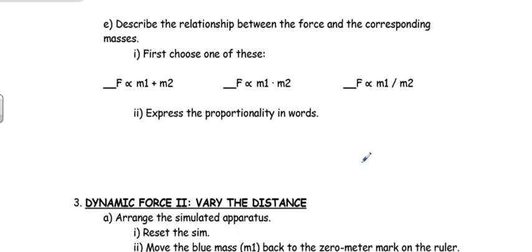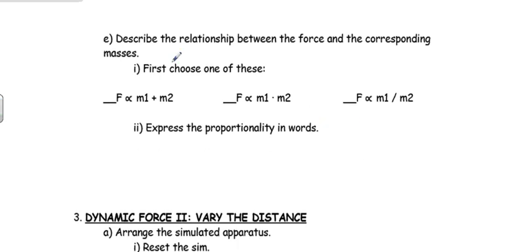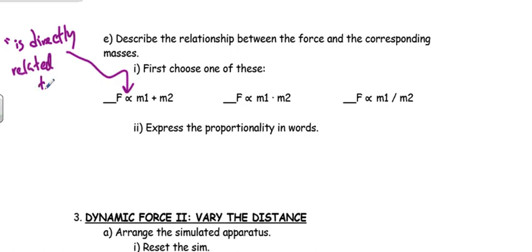And that leads to this. Describe the relationship. Now over here, the symbol alpha means is directly related or proportional to. Okay, so when you figure out which one of these is the one, is it this, this, or this? Which is the one that describes my relationship from the previous page?